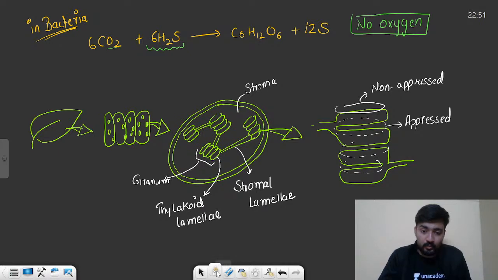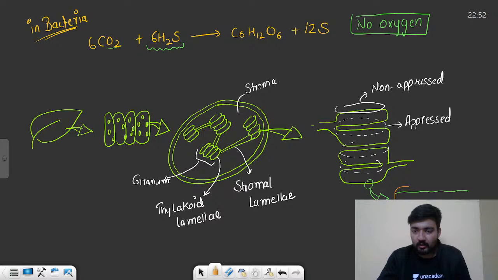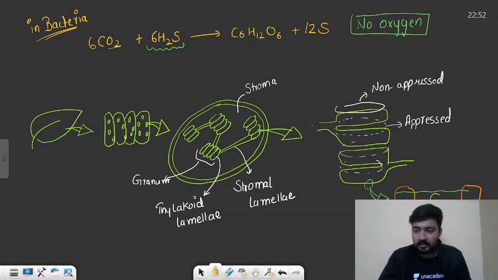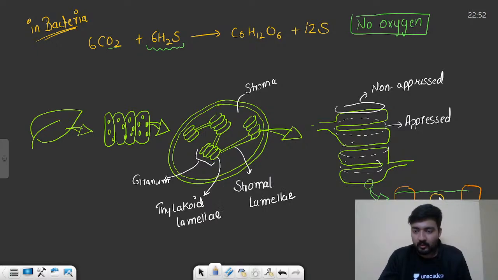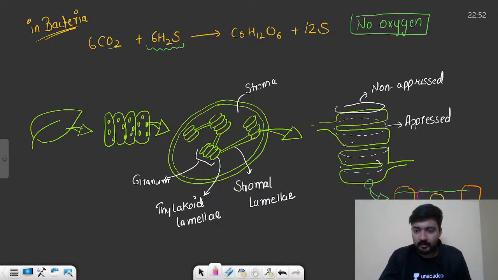Now if we further zoom in on this part of the membrane, let's just say this is the whole membrane zoomed in, we observe certain complexes. A complex here, a complex here, a complex here, and another one here, right?